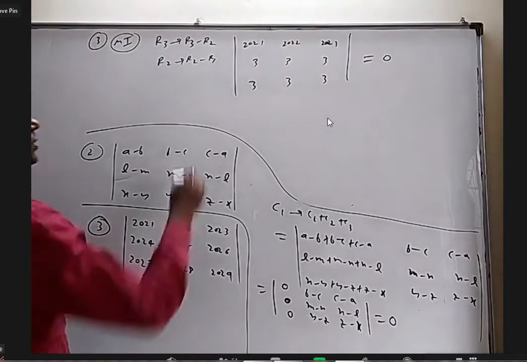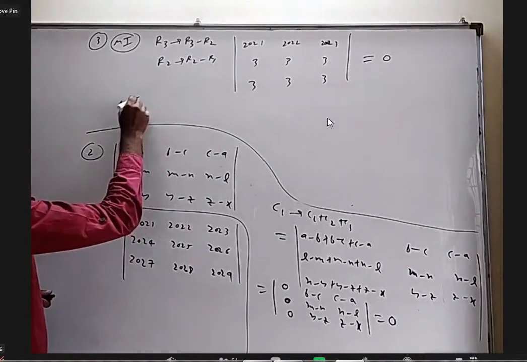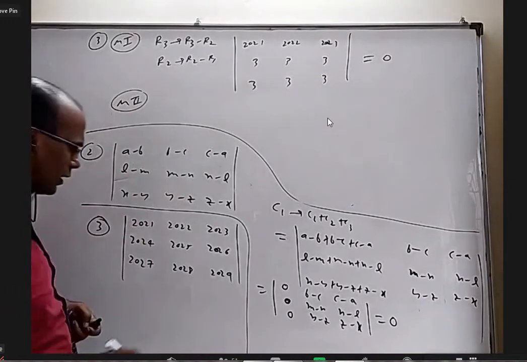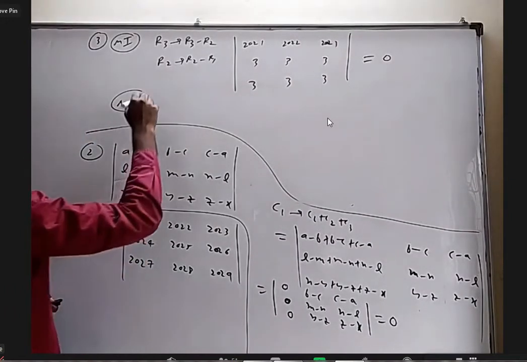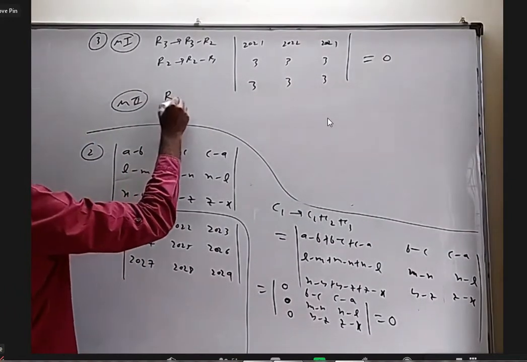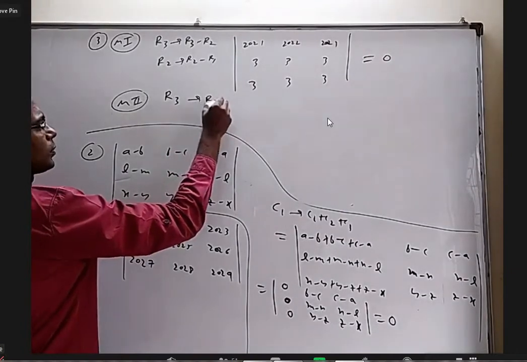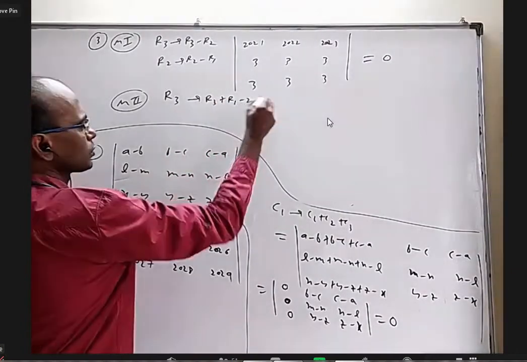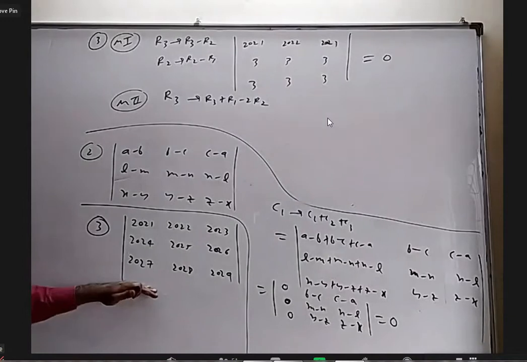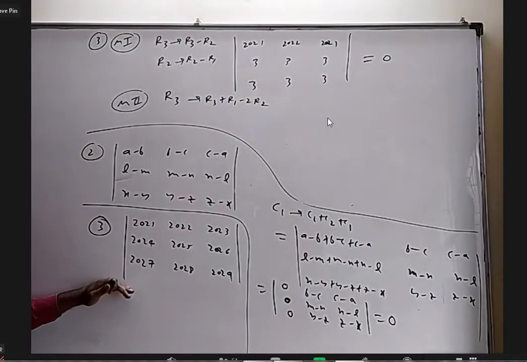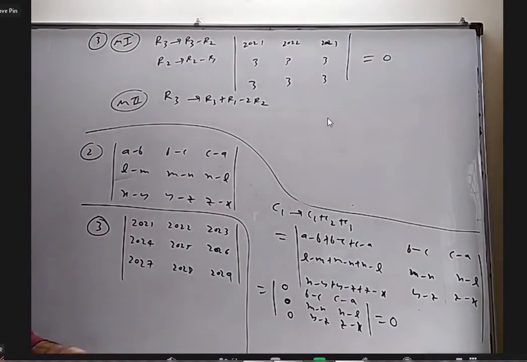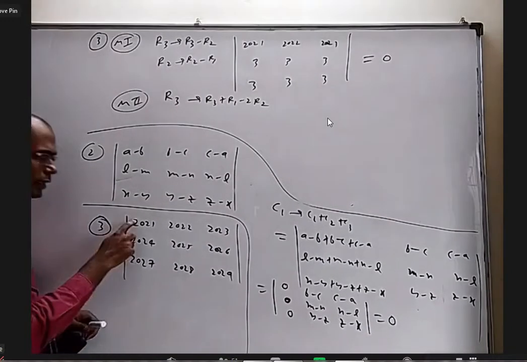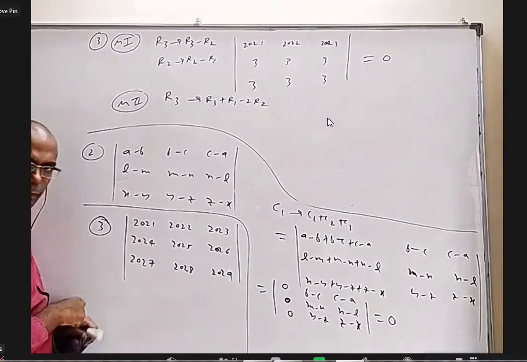Okay, I want to write one more method for this. You can do it by columns, nothing wrong. Somebody can write it. I directly want to do this: R3 as R3 plus R1 minus 2R2. For third row, I want to add first row and I can remove second row anytime I want. I want to remove twice. Why am I doing this, you know? This plus this, is it double of this?